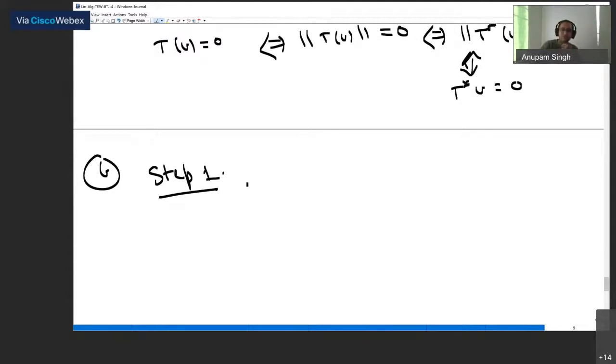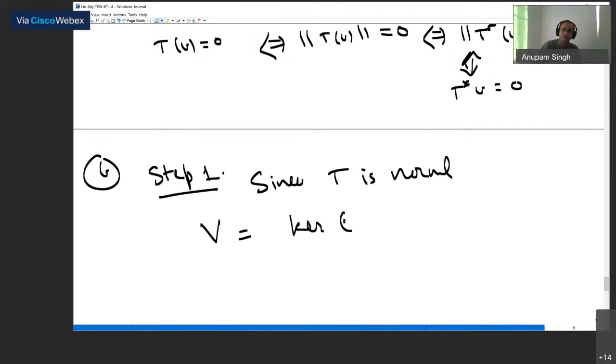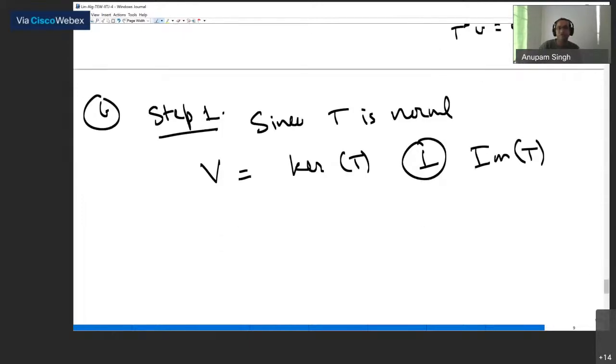So since T is normal, I can get a decomposition of my vector space V as kernel of T direct sum, in fact it is perpendicular, to image of T. So T almost behaves like a projection operator. That's what it means, but we'll not go in that direction. I just want to prove this decomposition.